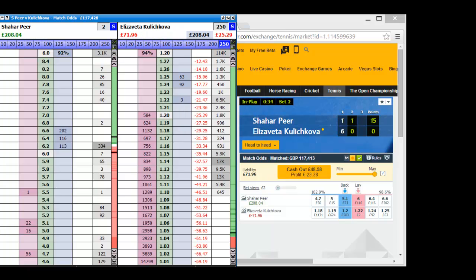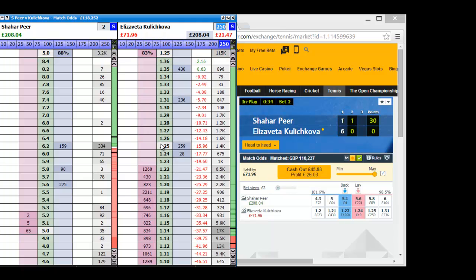So now we really need her to break Kulichkova's serve to give ourselves a chance to get back towards that 1.45, 1.46 figure there, so we can actually make a profit on this game. As it still stands, of course, it's still £71.96 as our liability.